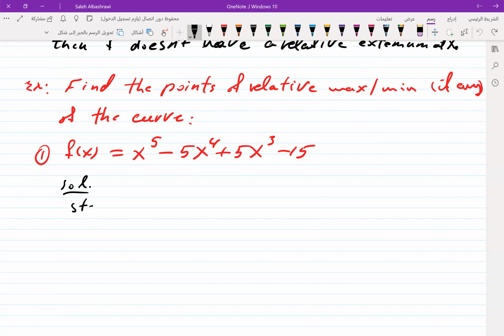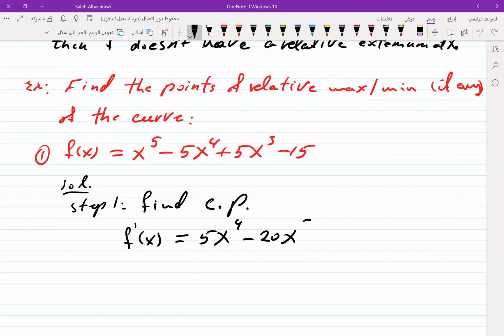So step number one, find the critical points. It means that I have to find the derivative of the function. That will be 5x to the power 4 minus 20x to the power 3 plus 15x squared minus 0, since the derivative of the constant is equal to 0. Now to find the critical points, make this equal to 0 and solve for x.